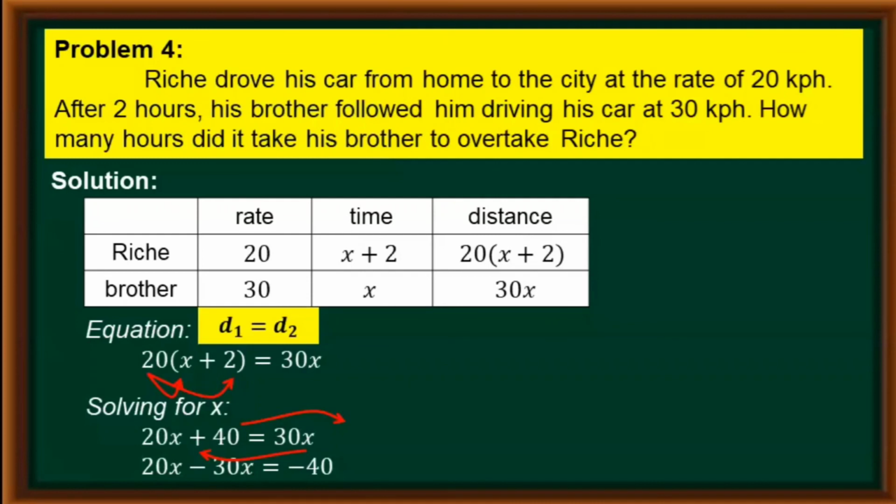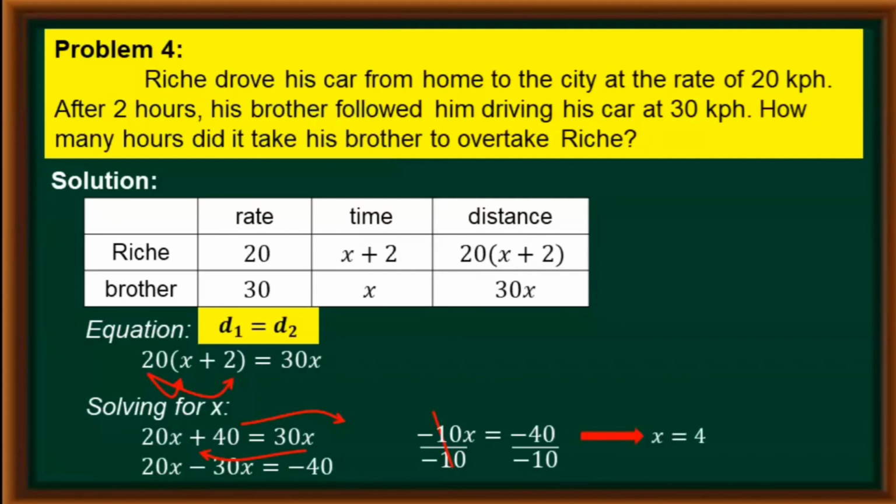Combining similar terms, 20x minus 30x, that would be negative 10x. That is equal to negative 40. And finally, solving for the value of x, we divide negative 10 to both sides of our equation so that we can cancel out negative 10s on the left side. That leaves us negative 40 all over negative 10 on the right side. So x is equal to positive 4.